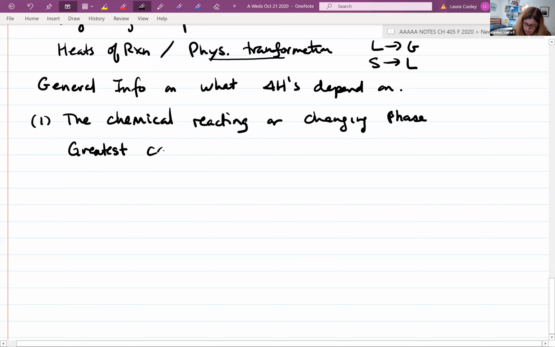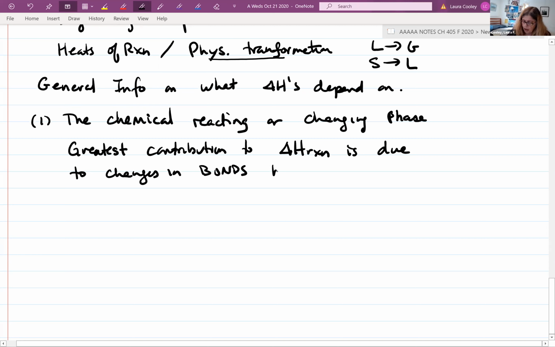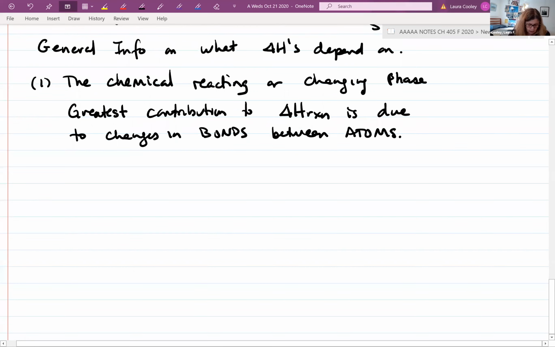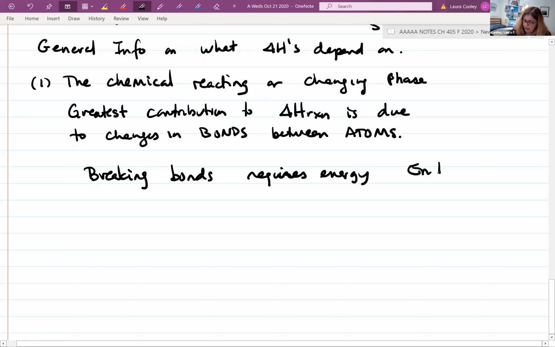So the greatest contribution to the delta H for a reaction is due to changes in the bonds between atoms. This is a very fundamental thing, okay? And as you've learned already in other courses, breaking bonds requires energy, so it's endothermic.